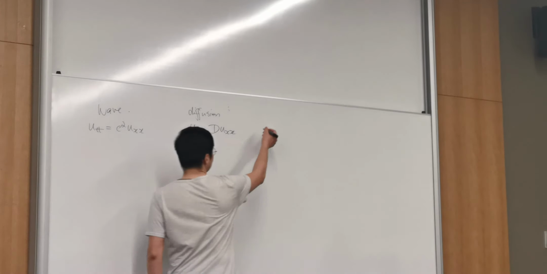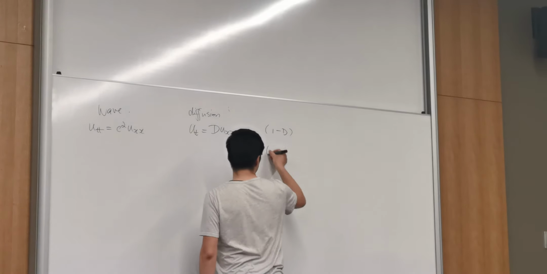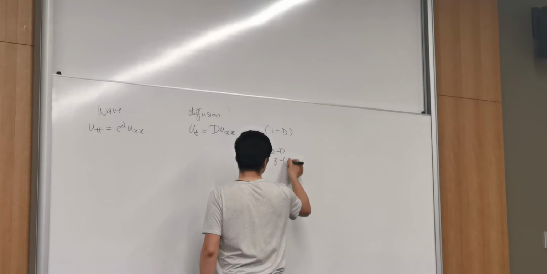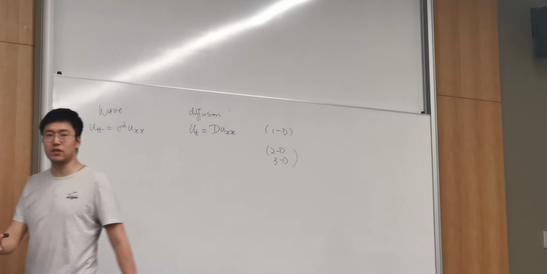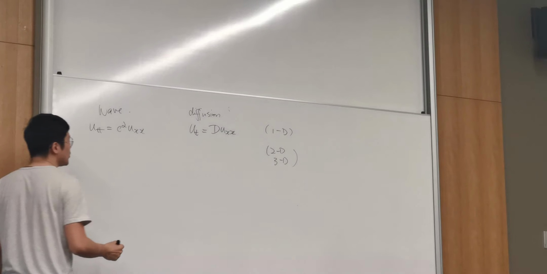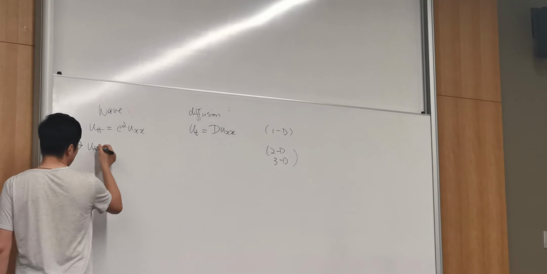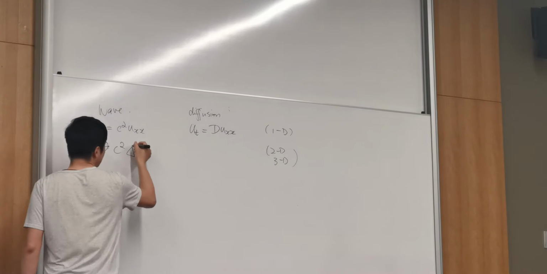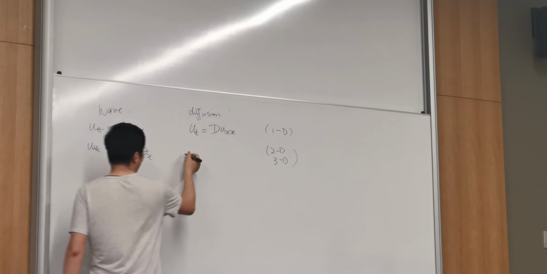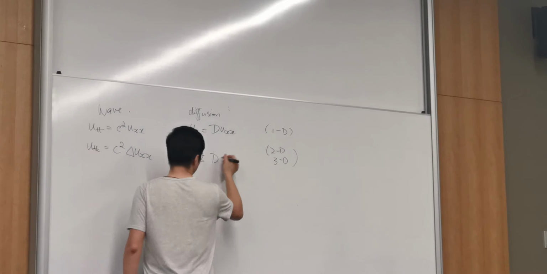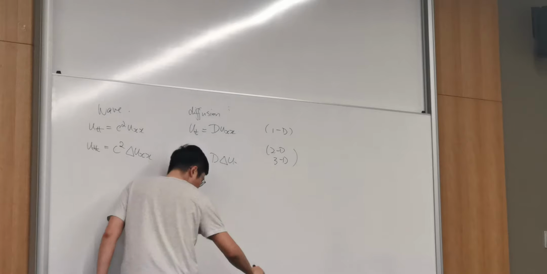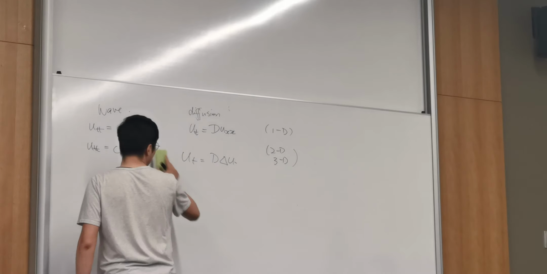For the 2D or 3D scenario, the corresponding wave equation and diffusion equation change to u_tt equals c squared Laplace u, and u_t equals d Laplace u. Oh, sorry, no u_xx anymore, just Laplace u.